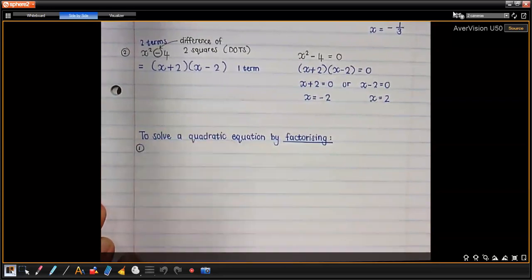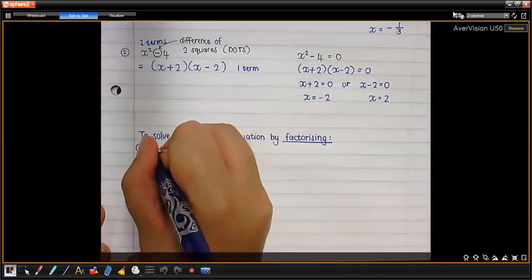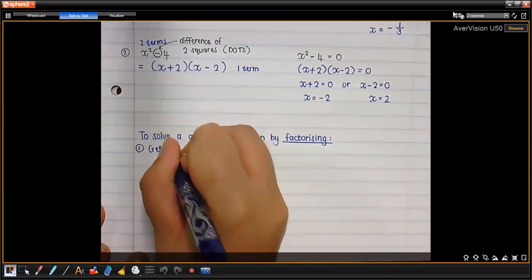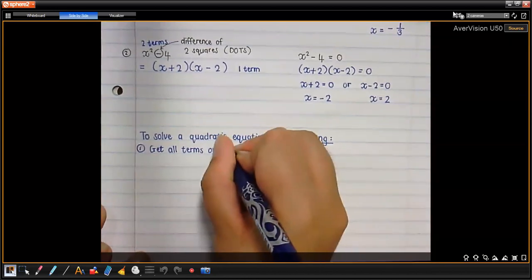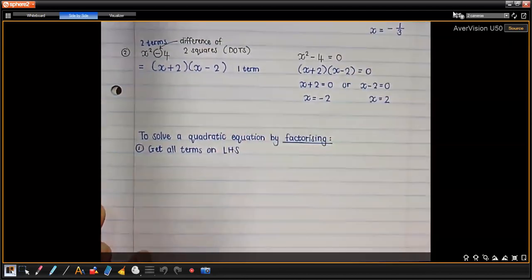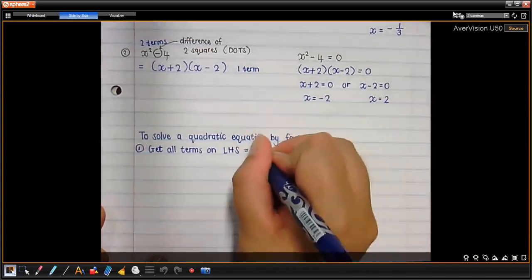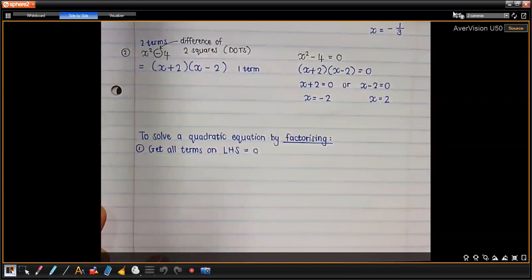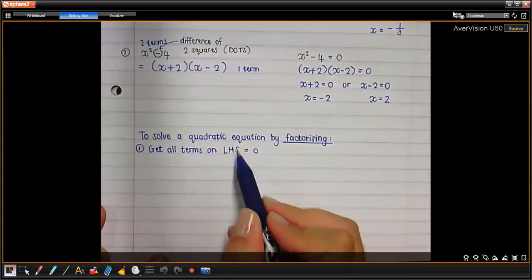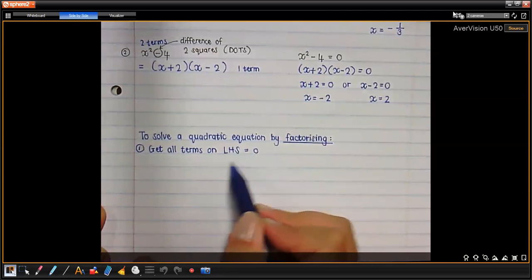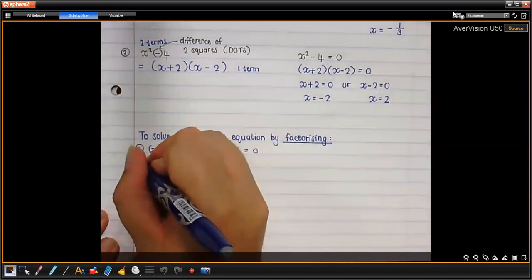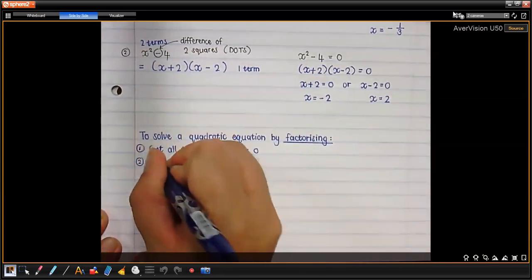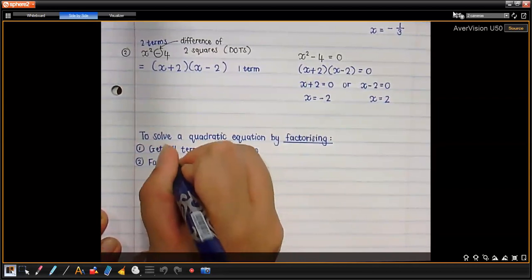Okay, step 1 would be get all terms on, I'm going to use LHS, left hand side. Get all terms on the left hand side and then equal to 0. Okay, does that make sense? You want everything here equal 0. Second step would be to factorize the left hand side.